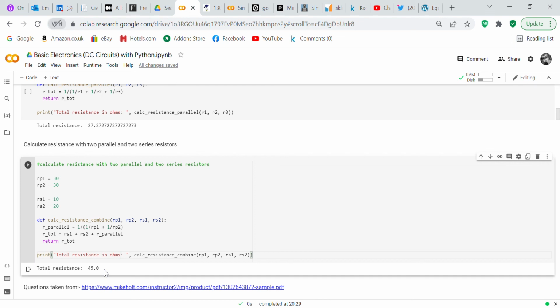I was a technician when I was in the military, but if you're interested in creating your own circuits, you can use a breadboard to do that. And when you are creating your own circuits, you're going to have to calculate the resistances and other values to make sure that the circuit works. So that's all the formulas that we have for calculating resistances in series, parallel, and combined.